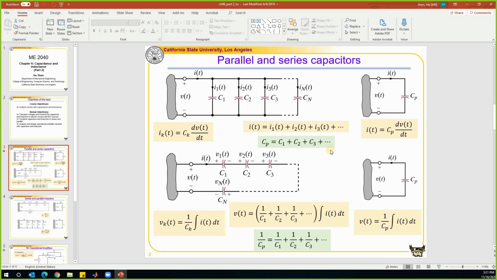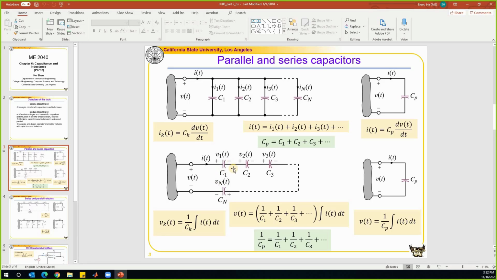Putting two capacitors in parallel is equivalent to extending the area of one capacitor so that we increase its capacitance. From the calculation of capacitance, the numerator has the dielectric constant times the area, divided by the distance, right? So that is the area. Because we increase the area, the capacitance will increase.